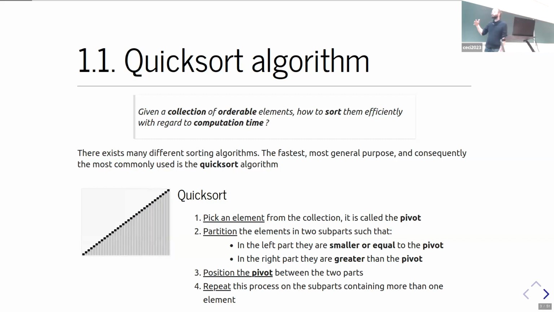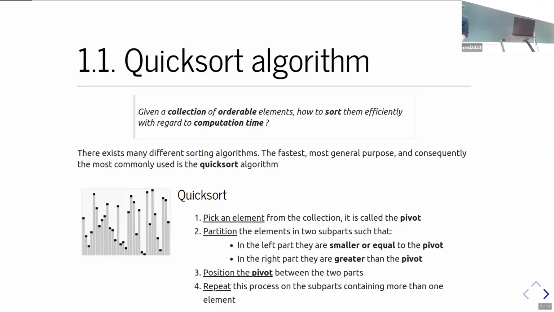Okay, so starting at the beginning, you choose an element from the collection, and that element is called the pivot. Then you have to know where you should place your pivot, and you do that by partitioning the array of numbers.